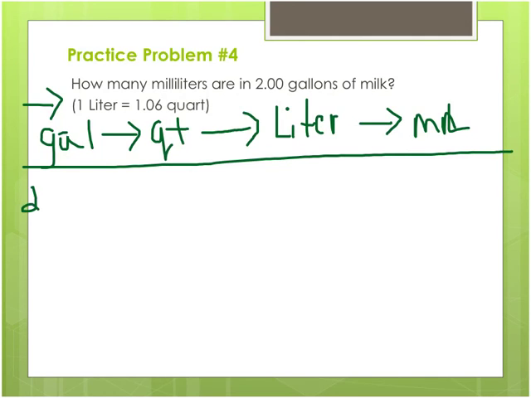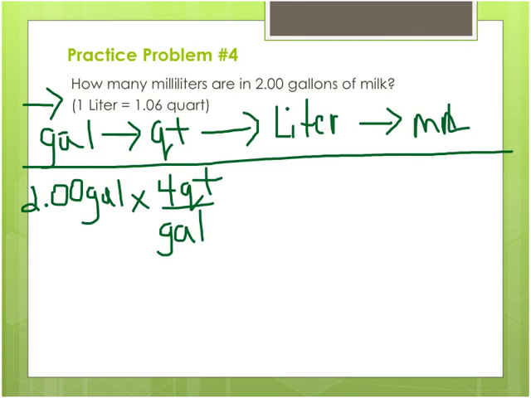So 2.00 gallon times 4 quarts in a gallon. Notice, unit I want is on top, unit I am getting rid of is in the denominator, so it cancels. Then I have to go from quarts to liters, and I know that I have 1 liter, remember unit I want on top, is the same as 1.06 quarts.